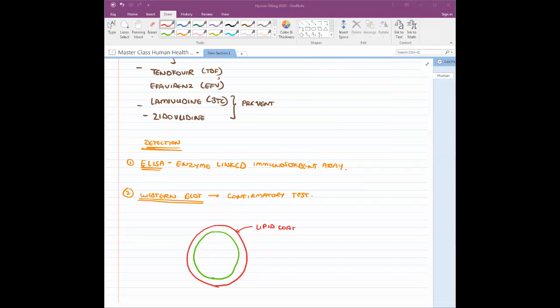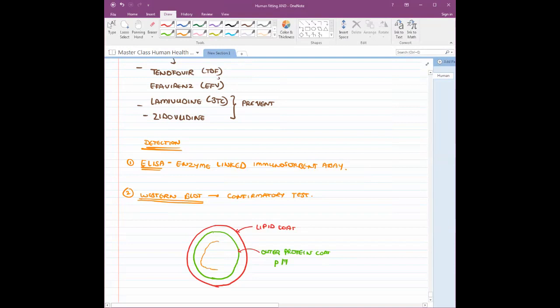So the first circle that we have drawn, this one, is going to be your outer protein code. First we have the lipid coat, then on the inner side the outer protein code. And the outer protein code, guys, what do we call this thing? We call this thing the P17.